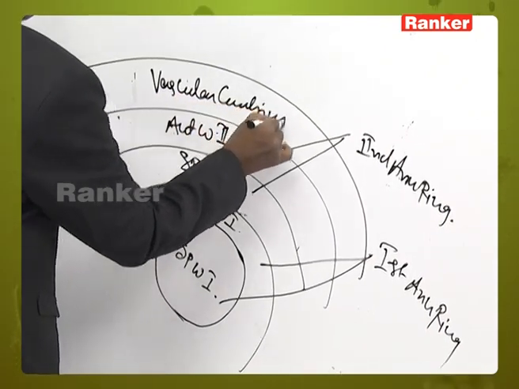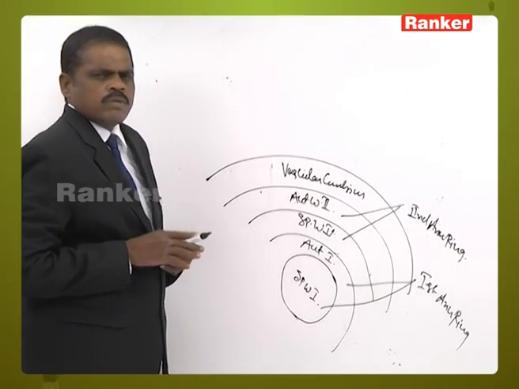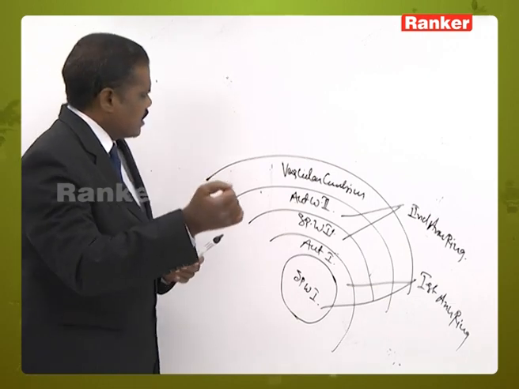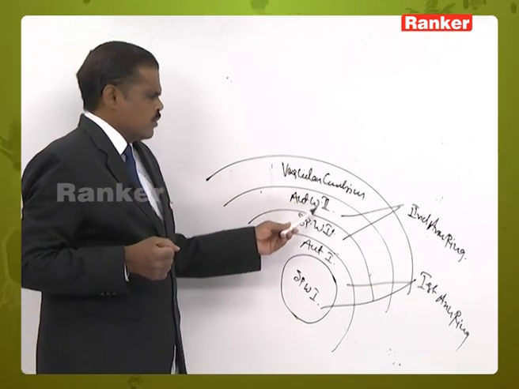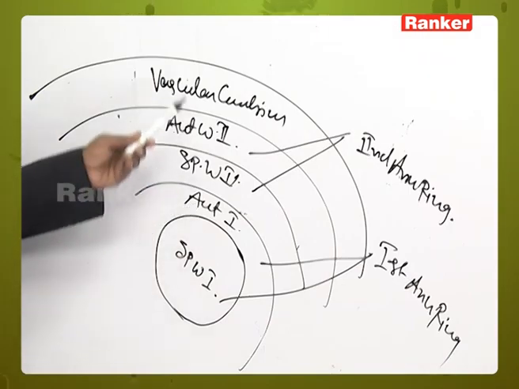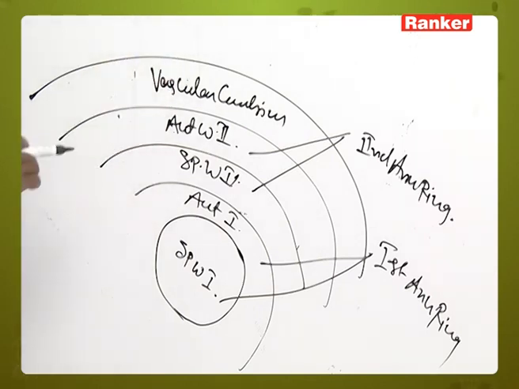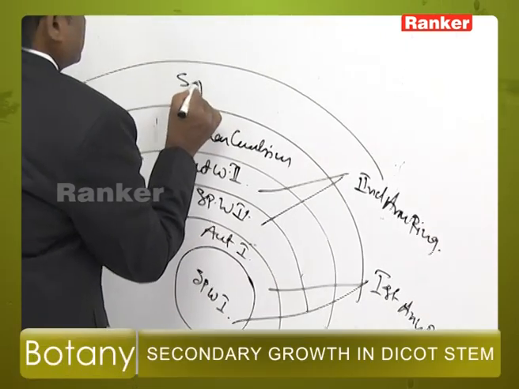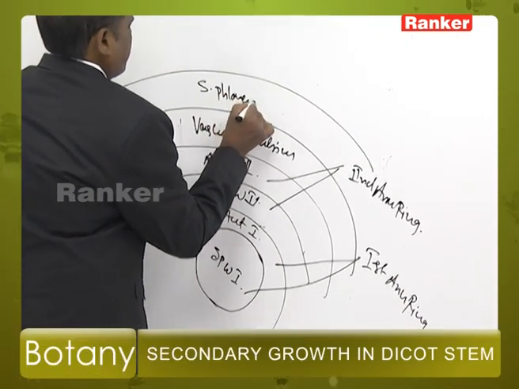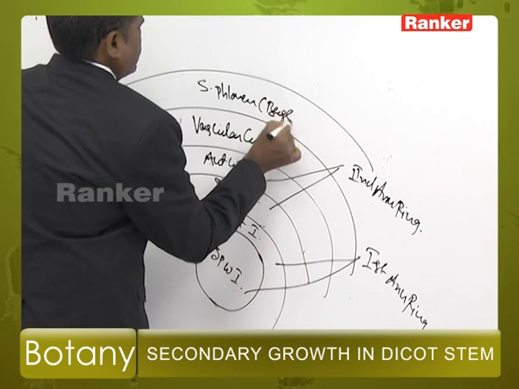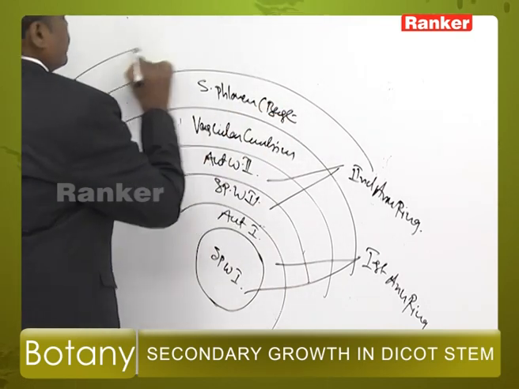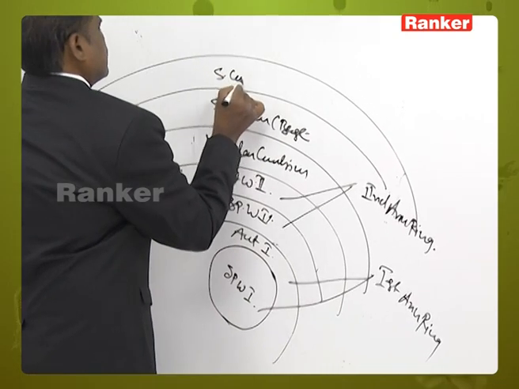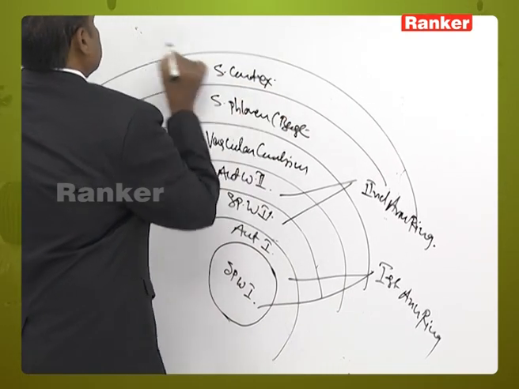All of you know vascular cambium produces secondary xylem, also called wood, towards the inner side, and secondary phloem, also called bast, towards the outer side. Secondary phloem is concentrically surrounded by secondary cortex.